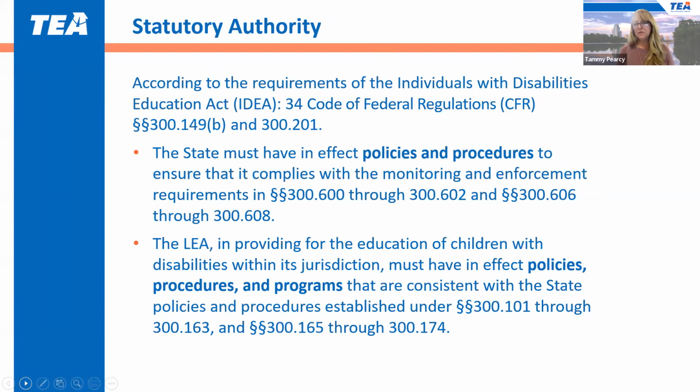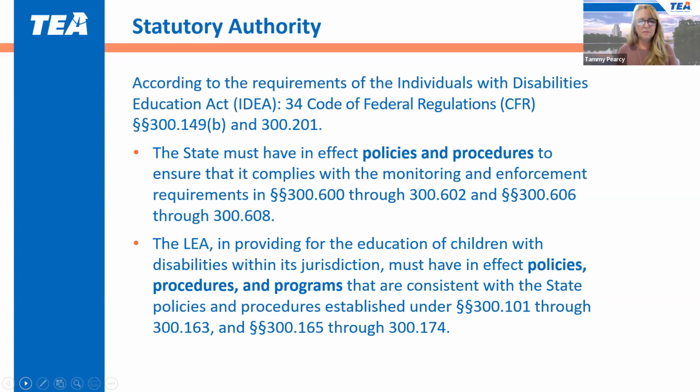And then those monitoring and enforcement requirements require the state to take certain actions to ensure that students are receiving a FAPE. And that ties back to local operating policies and procedures and the evidence of those practices through the programs they implement.